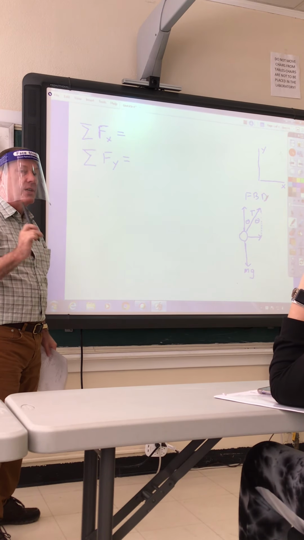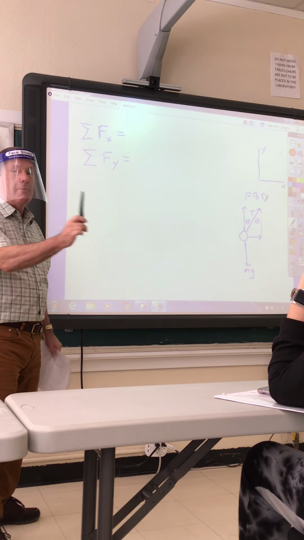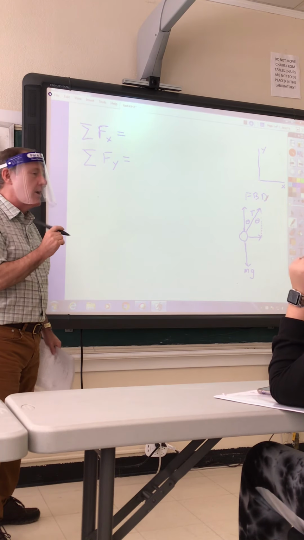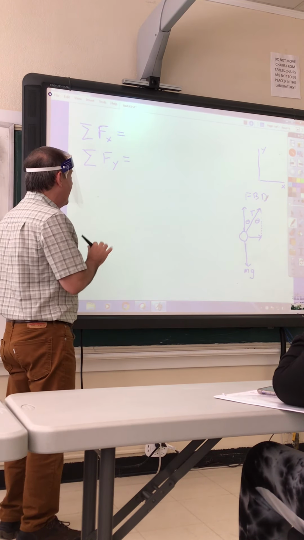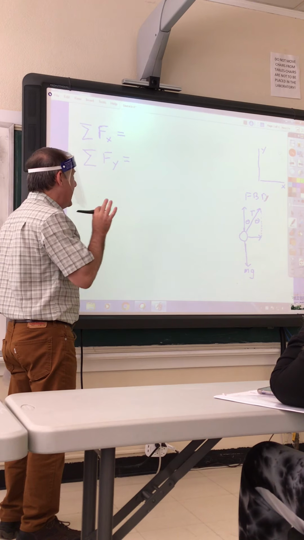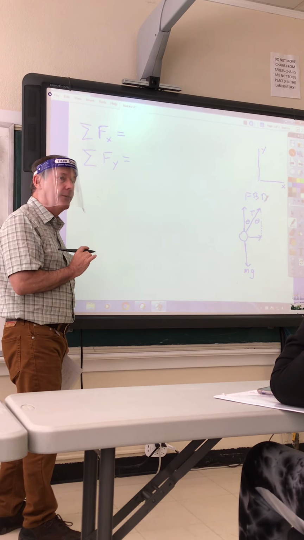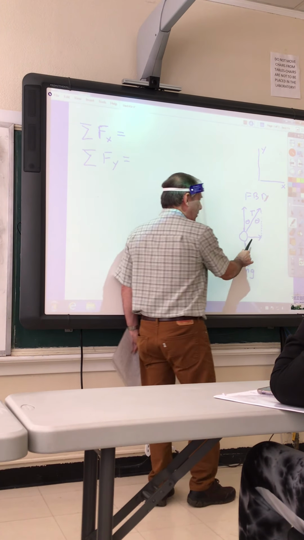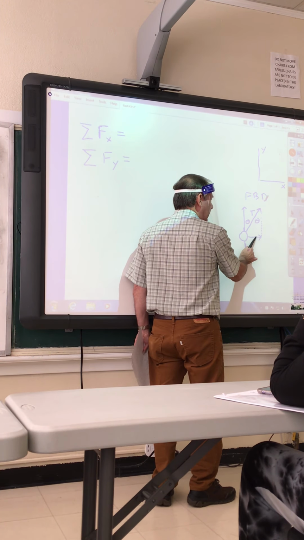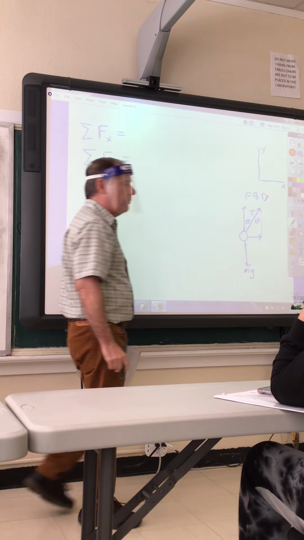That force sums up to be the mass times the radial acceleration. The question is, what force do we have in the x direction? We basically got one. That's this one right here.